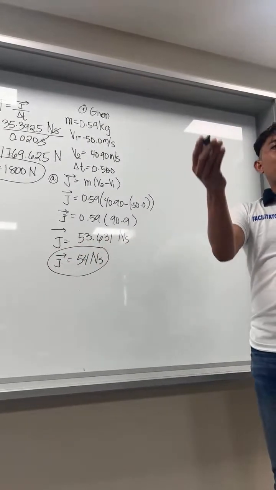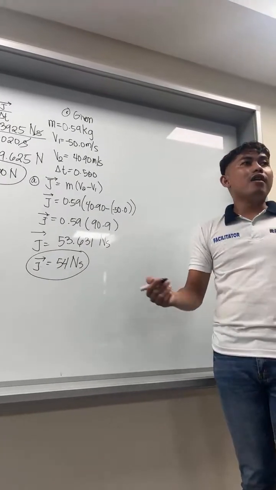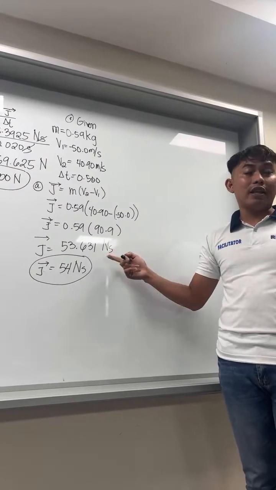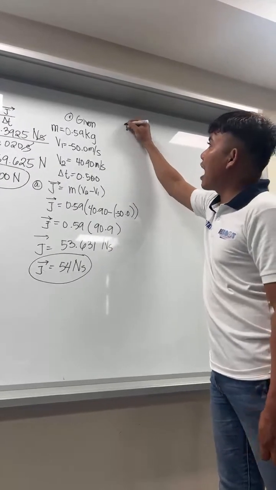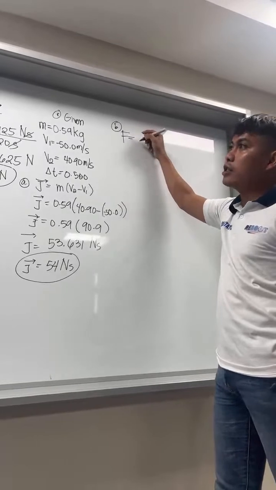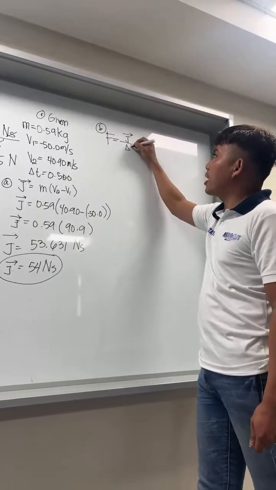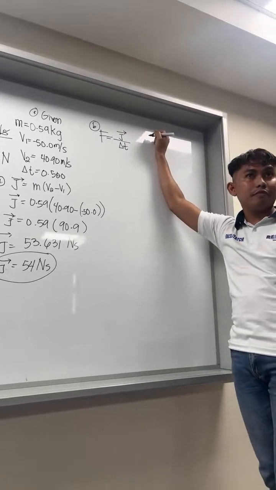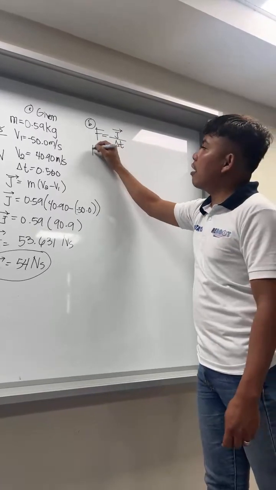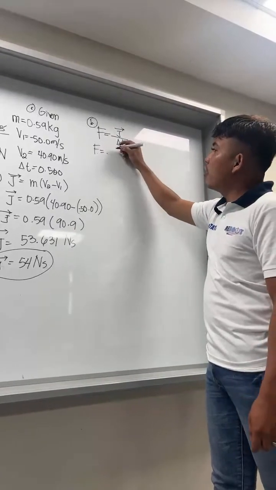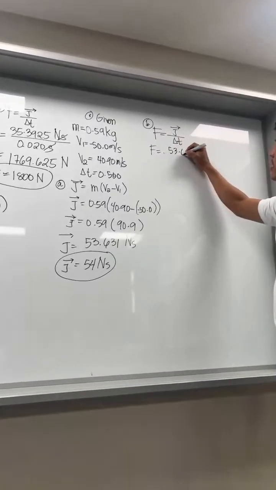And to solve for letter B, since we have arrived at our impulse already, we can now solve for our force, which is the formula is impulse divided by change of time. Substitute lang po natin. We have our impulse of 53.631.